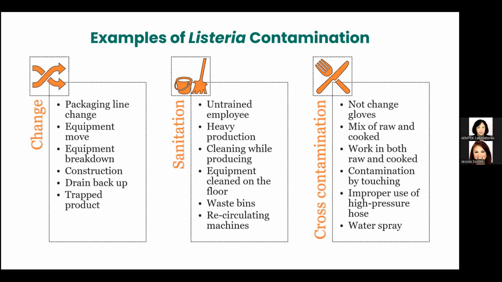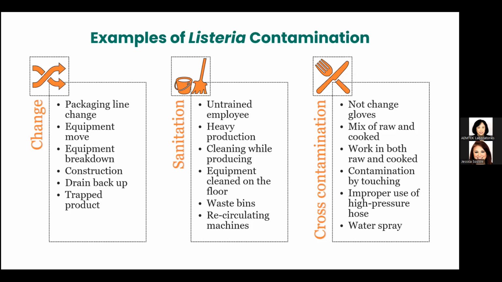Okay, when you talk about the contamination, you know where to look, and then you sample the places that are suspect. So what are the events that can lead to contamination? And try to figure that out.